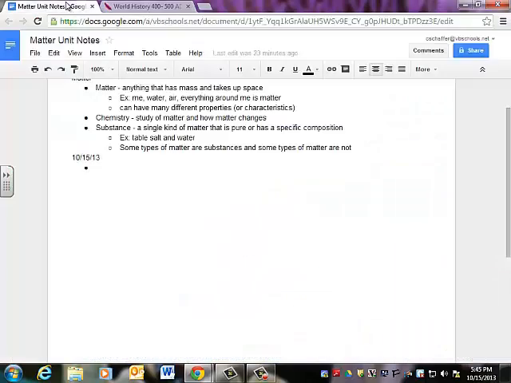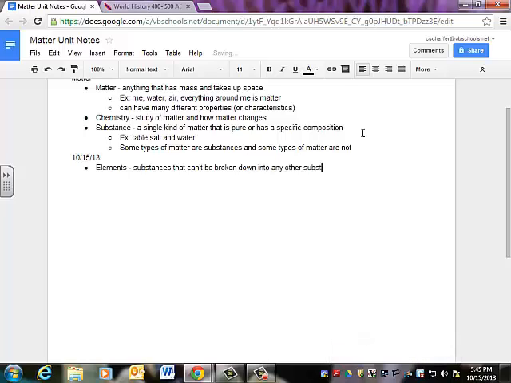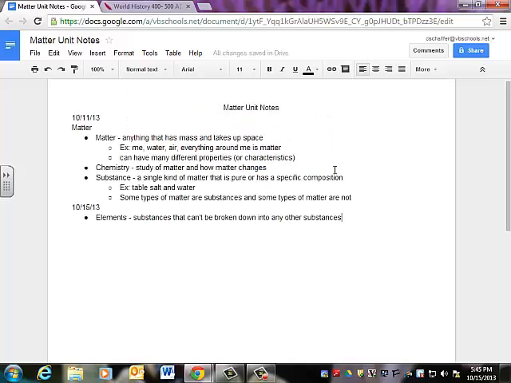So let's go over to our notes here, and we can add elements. It said an element is, or elements are, substances that can't be broken down into any other substances. Now I see that word substance, and we talked about that in our last section.